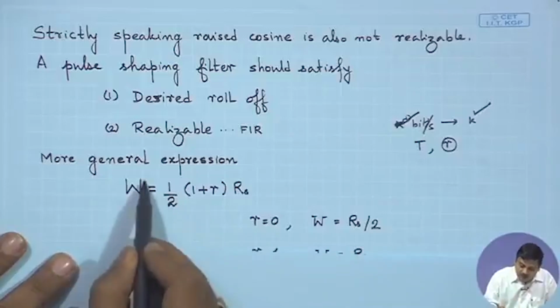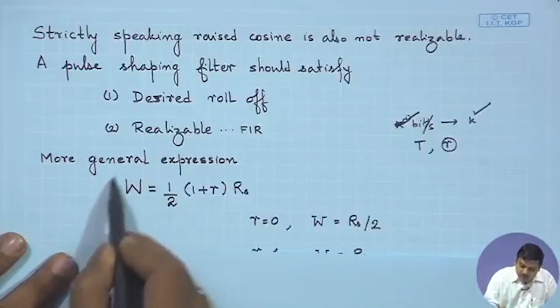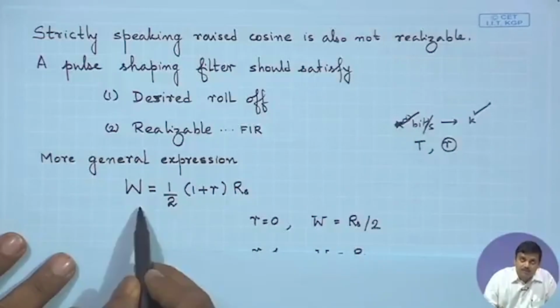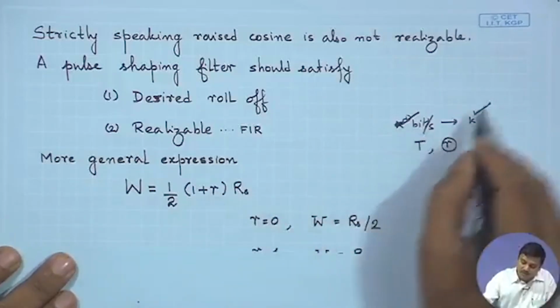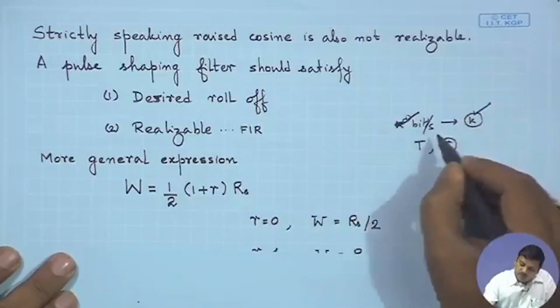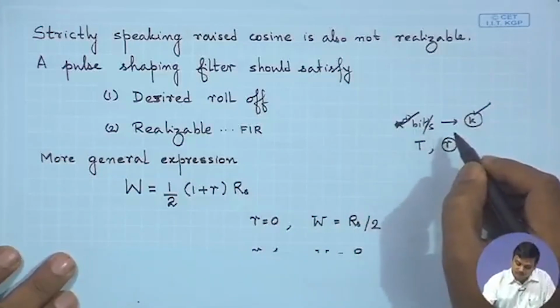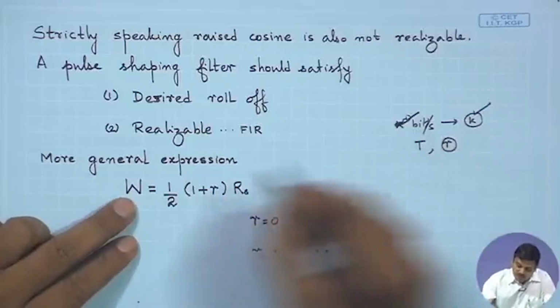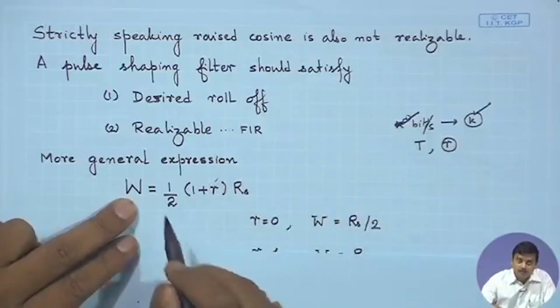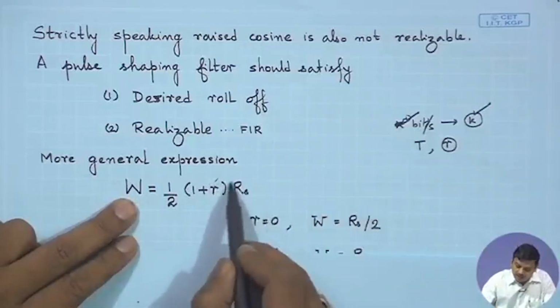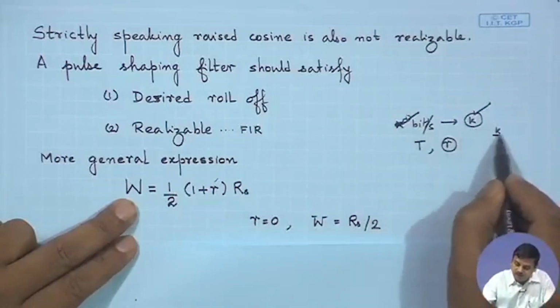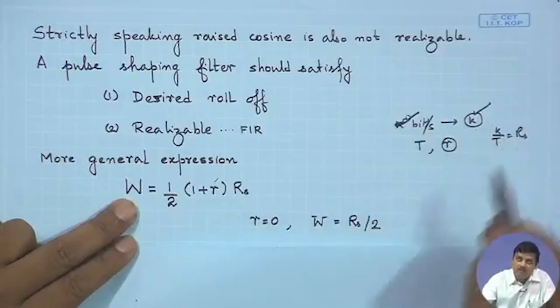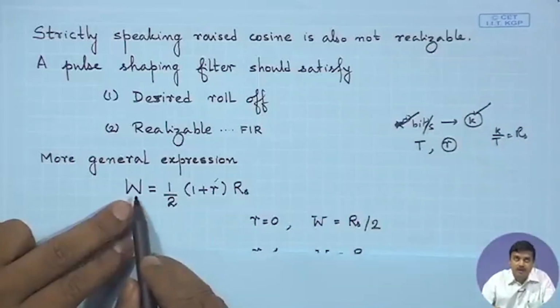That means, I want to calculate the amount of bandwidth that is required given a certain bit rate and a roll-off factor. So, I must be choosing my modulation level, right, and given R, if the modulation level is fixed, k upon T should be equal to R s, that is fixed, I would be able to calculate W.